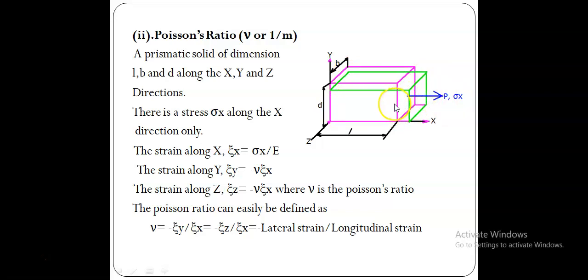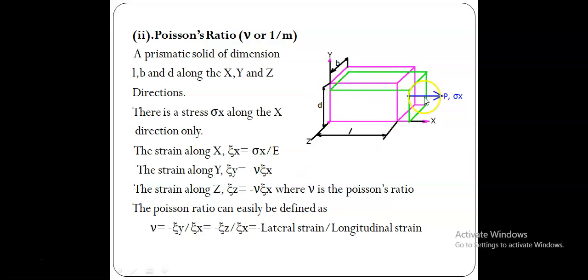There is a solid bar subjected to a uniaxial tension force along the x direction, and therefore there will be a uniaxial stress along x direction, that is sigma x. The strain along x, that is epsilon x, is equal to sigma x by E, because Young's modulus is equal to sigma x divided by epsilon x. This is the strain along x direction only.